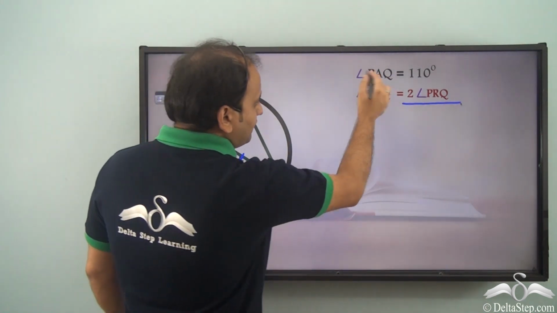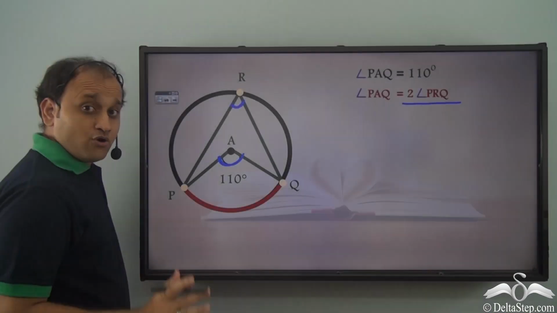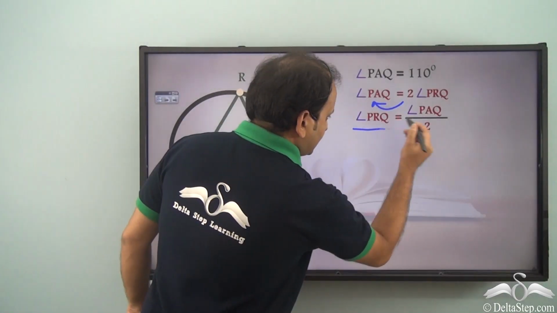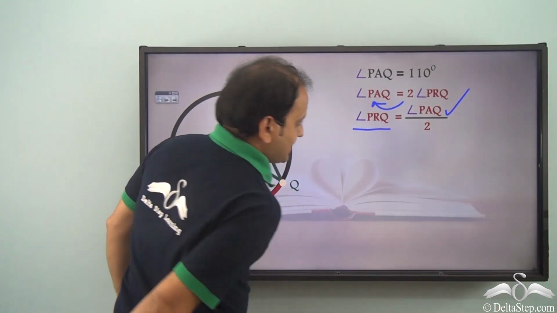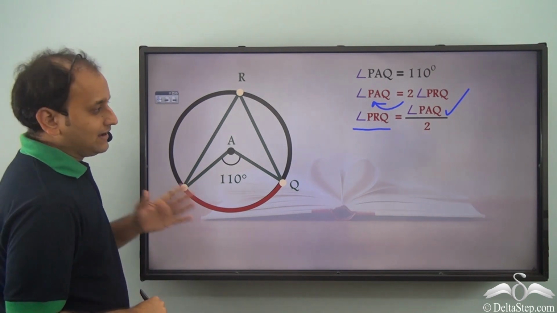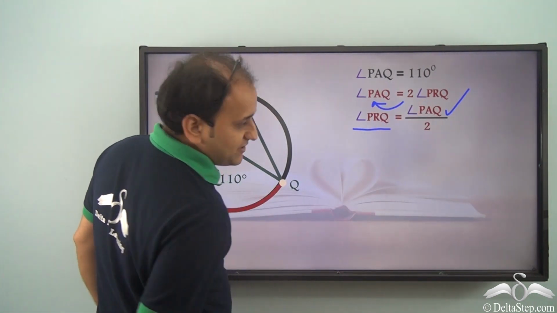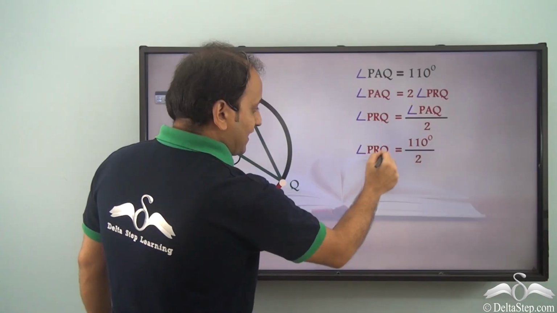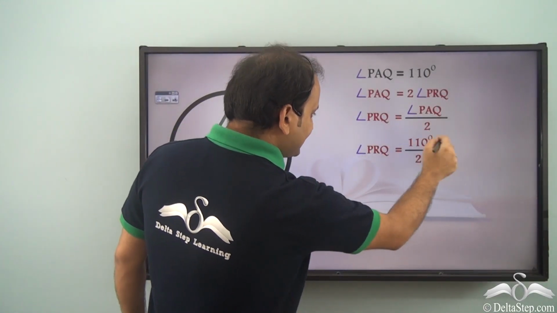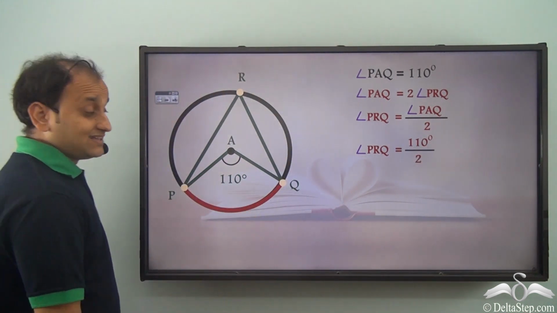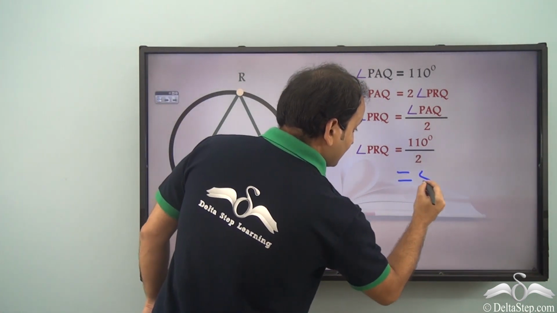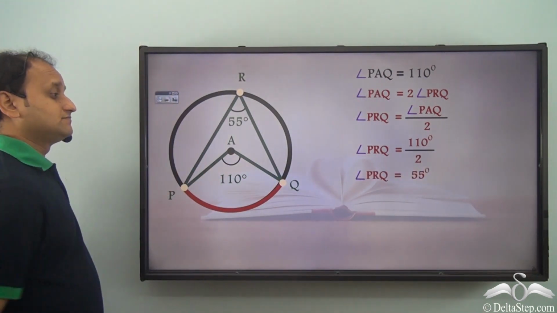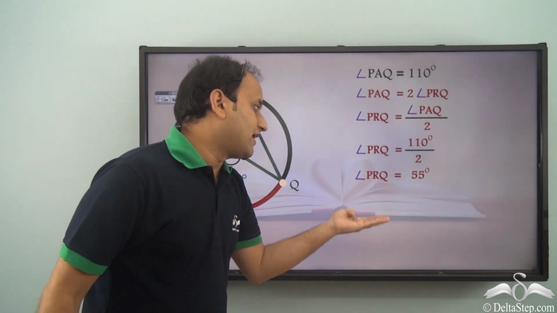Now we can write this equation as angle PRQ is equal to angle PAQ by 2. Now we know the value of angle PAQ, which is 110 degrees. Value of angle PRQ is 110 degrees by 2, which is nothing but 55 degrees.